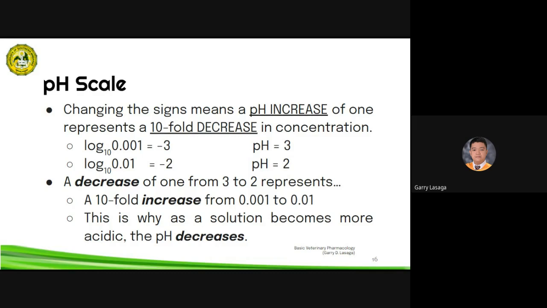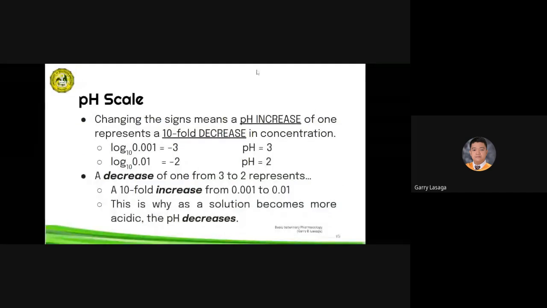So for example, when we decrease the pH of a solution from 3 to 1, it would mean a 100-fold increase in the concentration of our hydrogen ions.